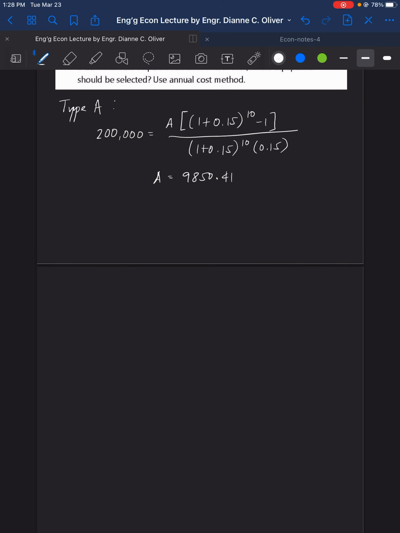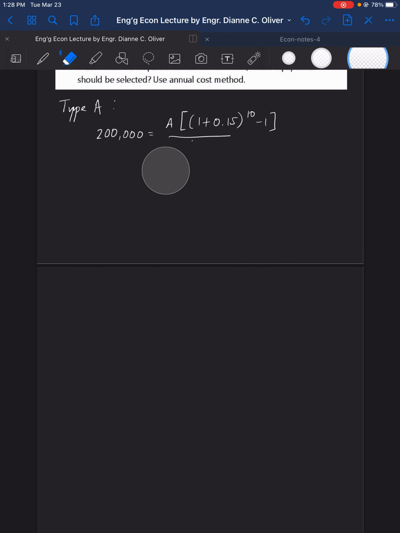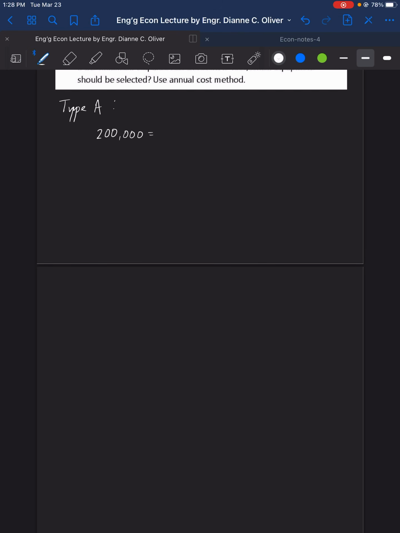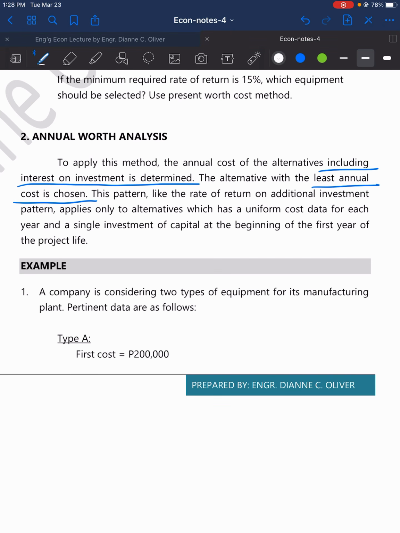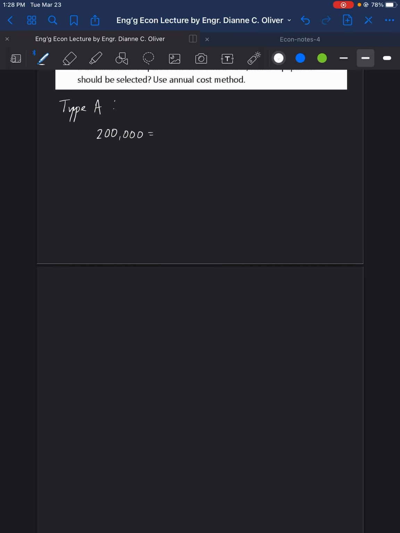I used direct calculation here. So this is actually the depreciation. We're not going to use the present worth, but if we are depreciating it according to the definition, we are to depreciate the amount.